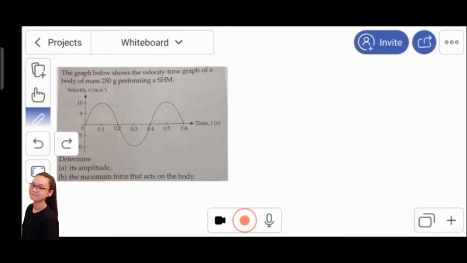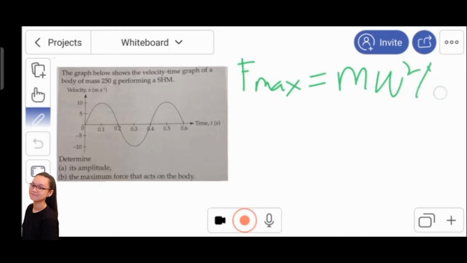Next, for the maximum force. The formula of maximum force is equal to m omega square amplitude. So here we get the mass, and the omega we calculated in part A, and the amplitude also.